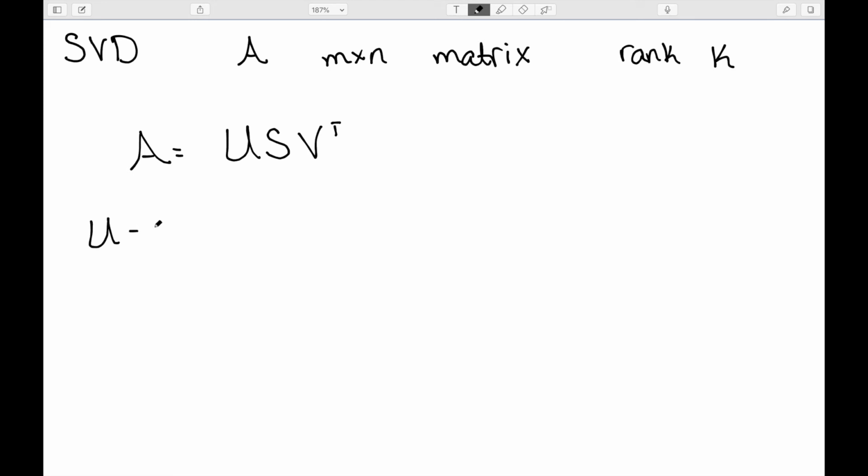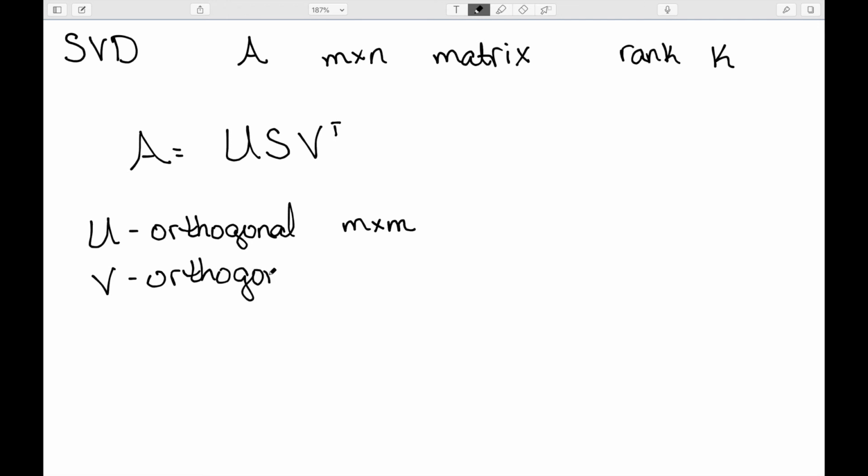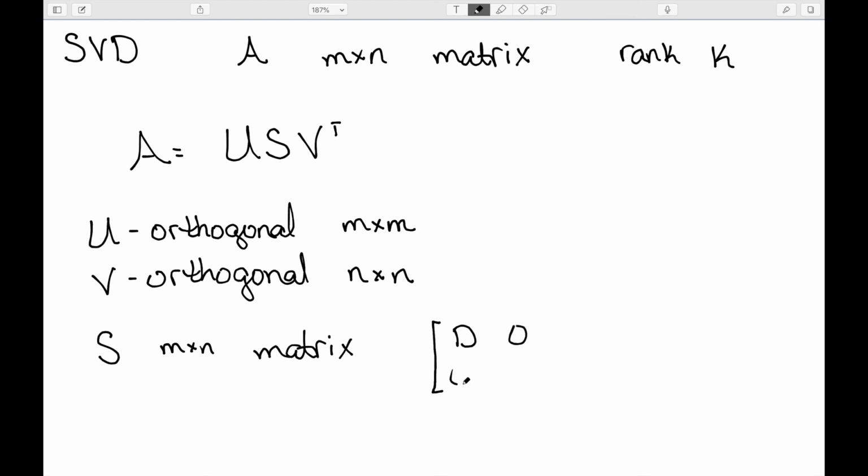U is going to be an orthogonal m by m matrix. V is a different orthogonal matrix, this time an n by n. And S is going to be an m by n matrix that essentially looks like a diagonal matrix in the upper left corner and then zeros all around it.